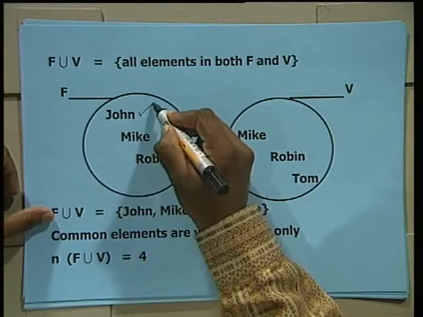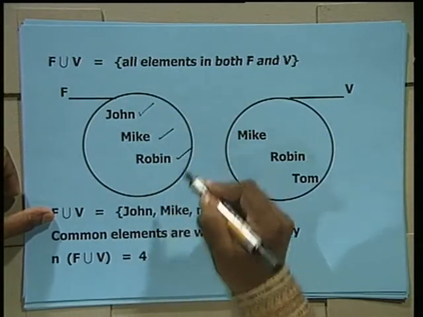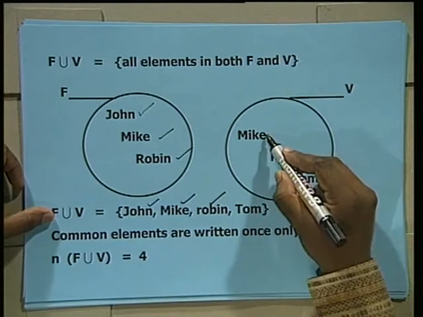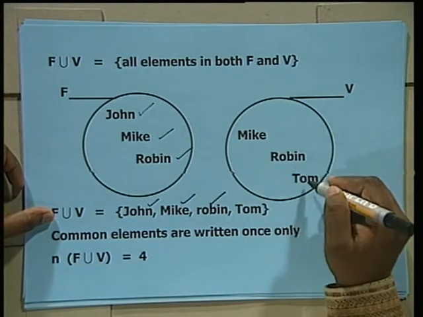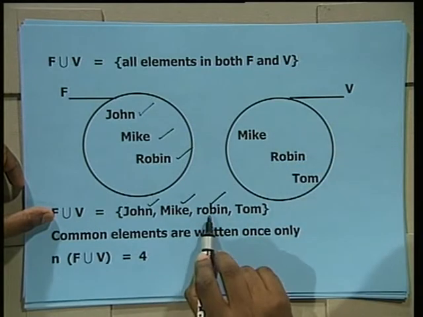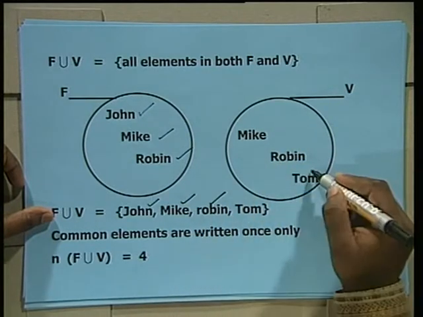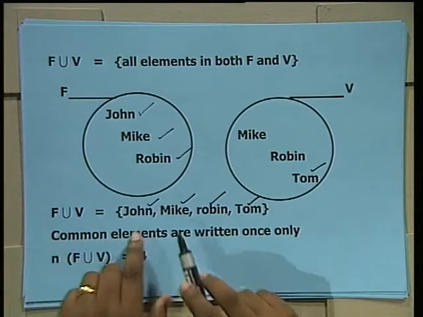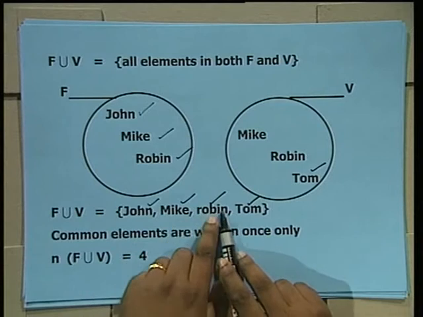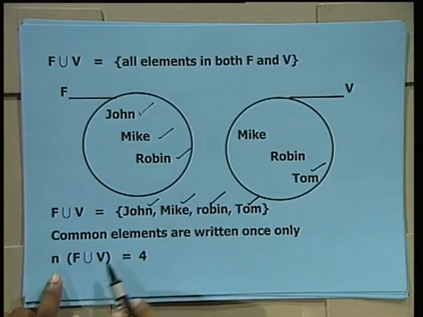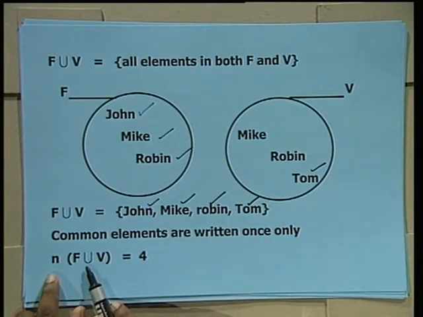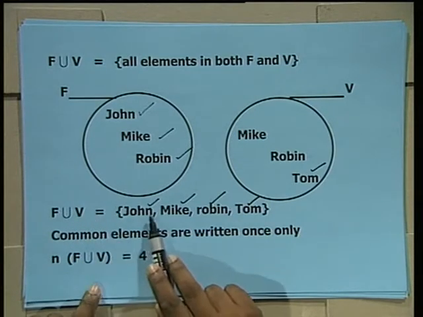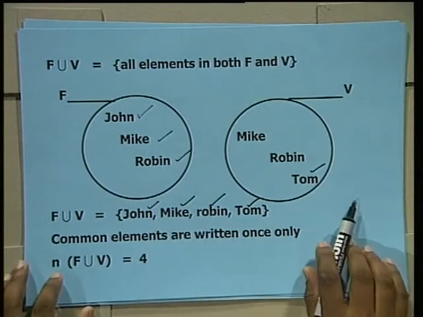I'll take John, Mike and Robin. In the set V, I'll take Mike, Robin and Tom. But Mike and Robin already appear. We are not going to repeat them. So I'll take Tom. So F union V consists of John, Mike, Robin and Tom. And therefore, the cardinal number of the set F union V is 4, because this set contains 4 elements only.